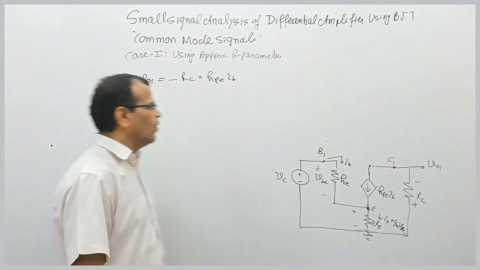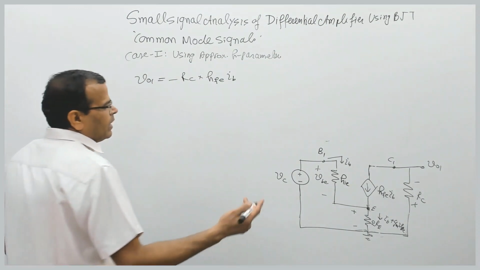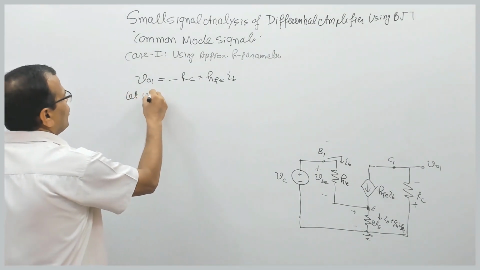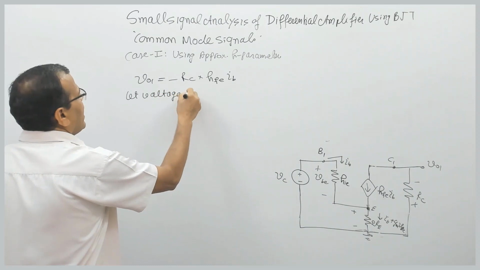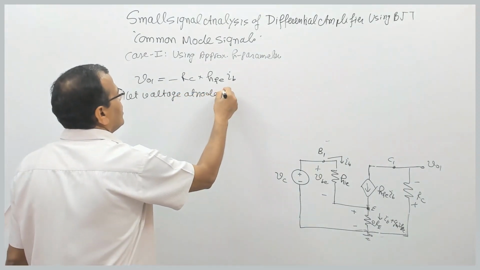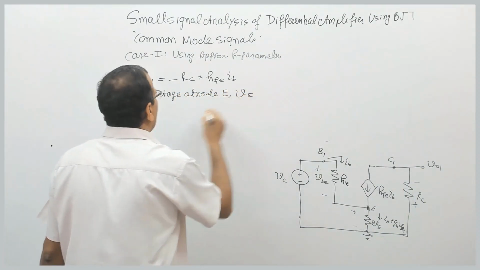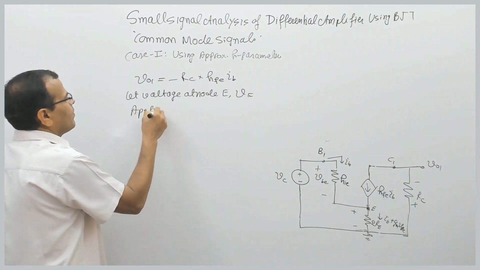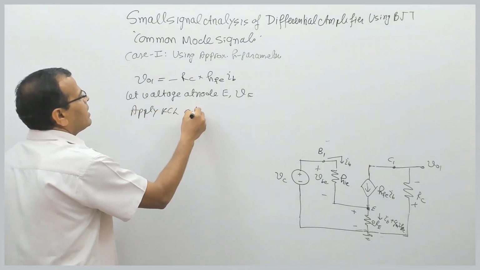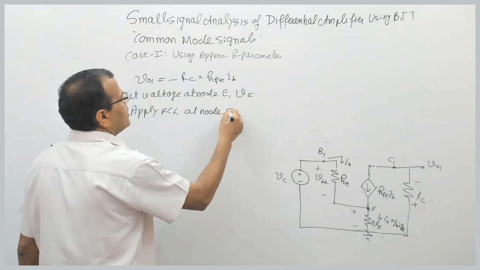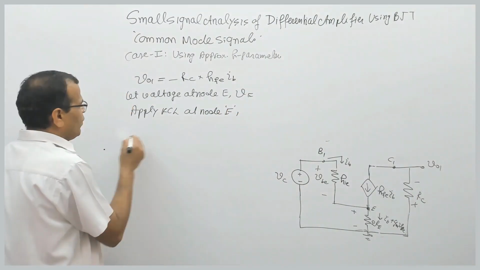Fine. Now again that same procedure. Let the voltage at node E be VE. Apply KCL at node E. When you apply KCL at node E, what do you have?